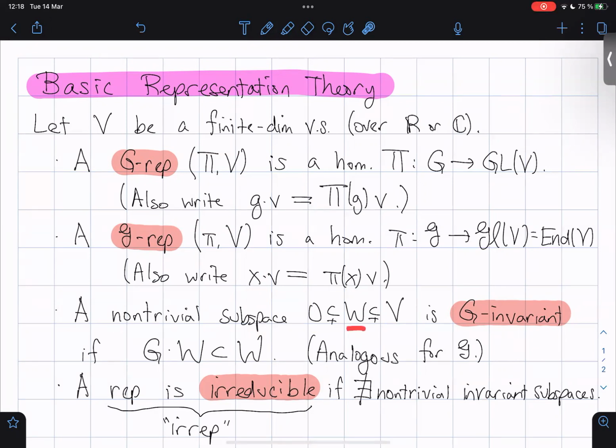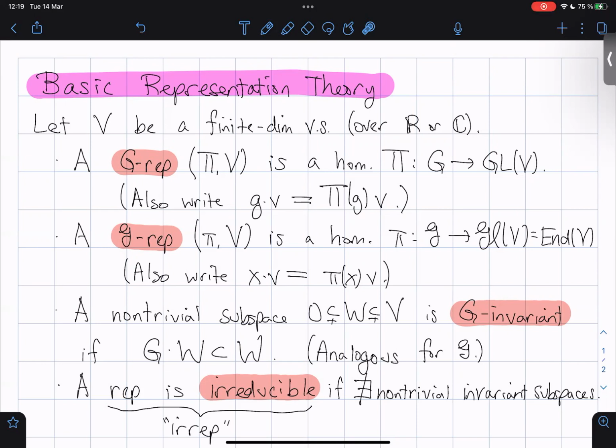So a non-trivial subspace W, we say that it's G invariant if G acting on W preserves W. You stay in W. And similarly for the Lie algebra. Then we'll get later on into so-called building blocks of representations, so-called irreducible representations. Namely, if you don't have any non-trivial G invariant subspaces, then we say that the representation is irreducible.